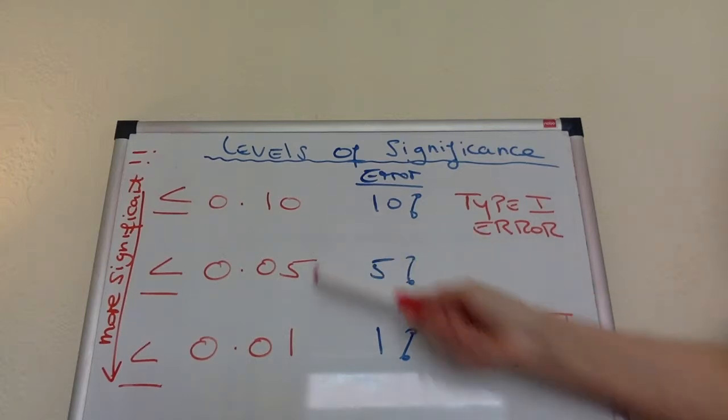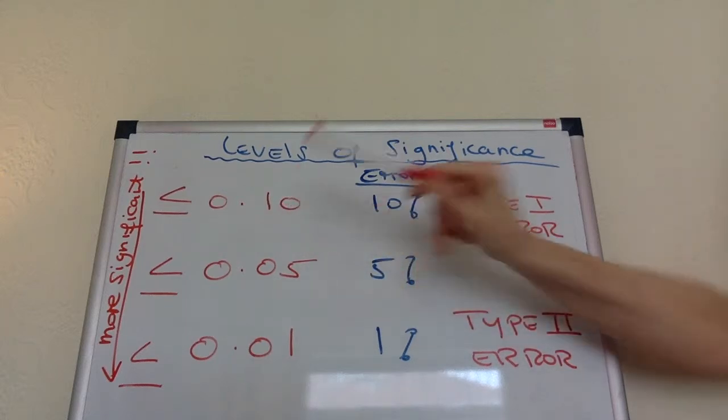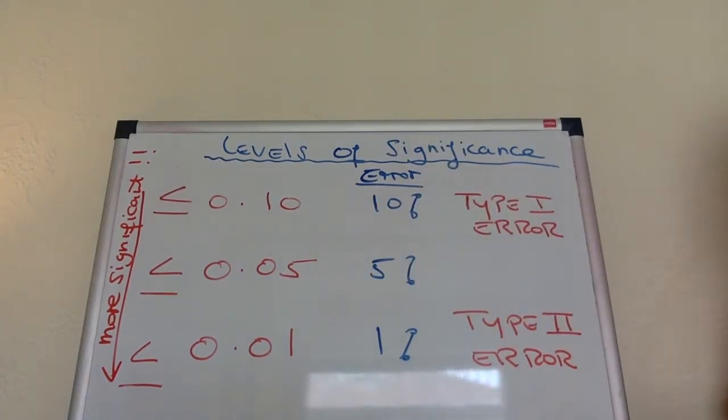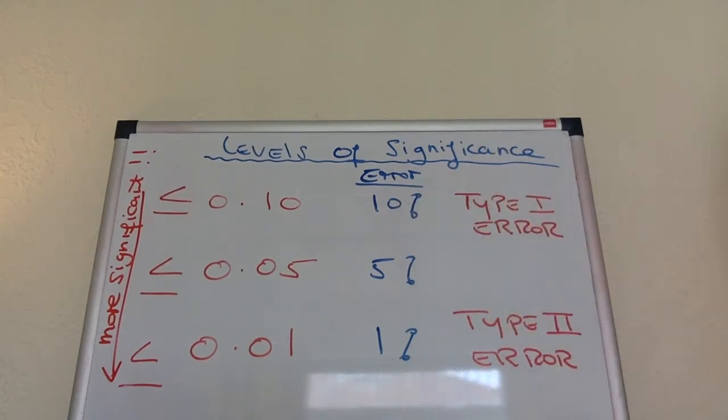Now, why is this important? This is important because let's say you went to get a drug from a doctor. I'm not going to mention research on non-human animals here, but let's just say you found out that this particular drug had been researched on human beings with 0.10, of course, as the level of significance. And you think, hold on, that's got a 10% error chance, and I don't want to take that drug.